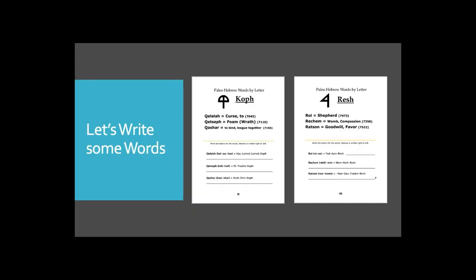All right, welcome back. We are going to look at some of the words for koph. And I tell you, it might be just as hard as the words were for Tsadi. So stick with me. It'll be okay. Kalal. This is the first one.